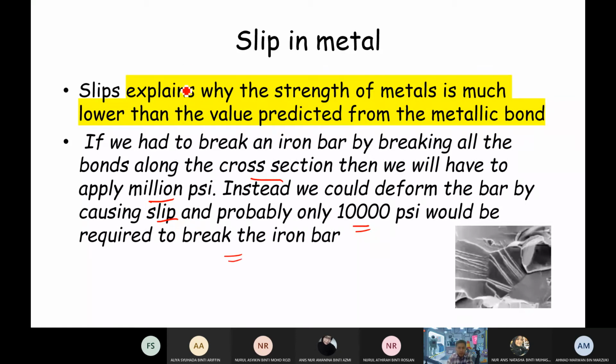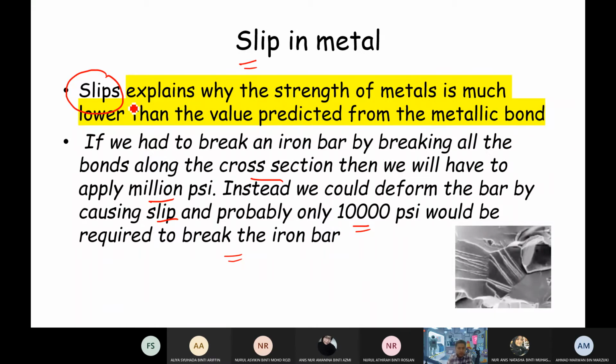So this is the reason why the strength of metal is much lower than the value that we predict from metallic bonding, because we have a slip in that material. Okay, let's say we don't have slip in that material.